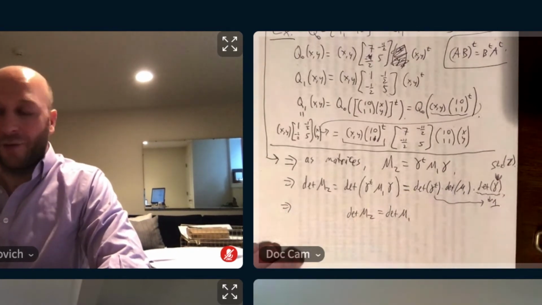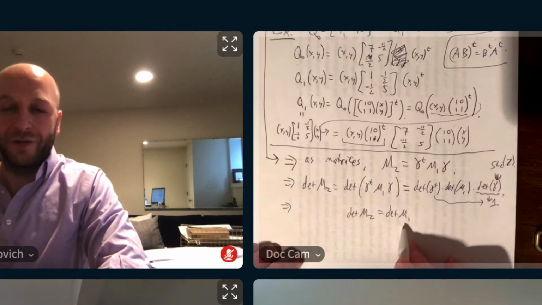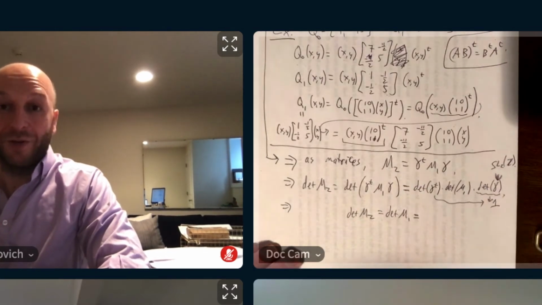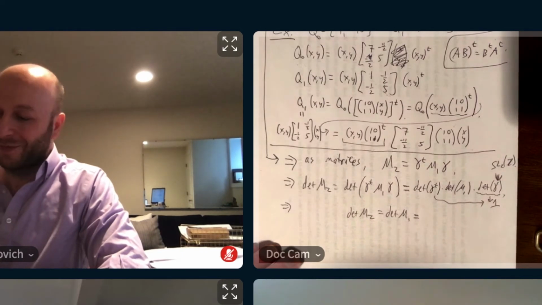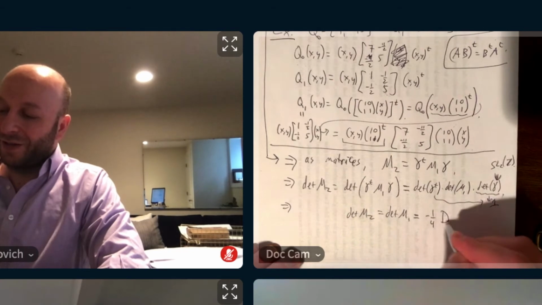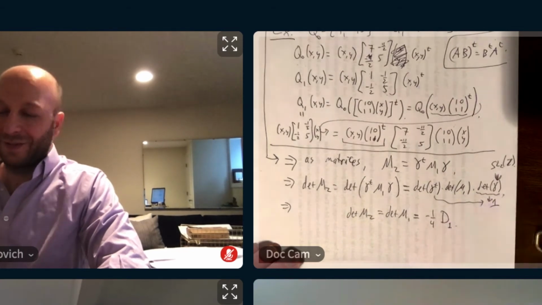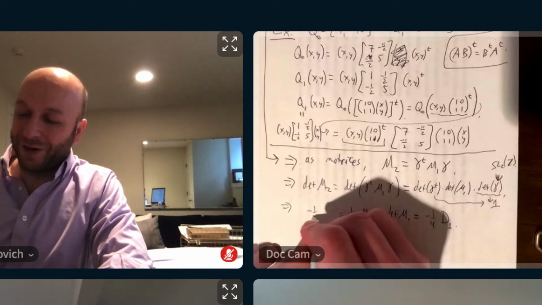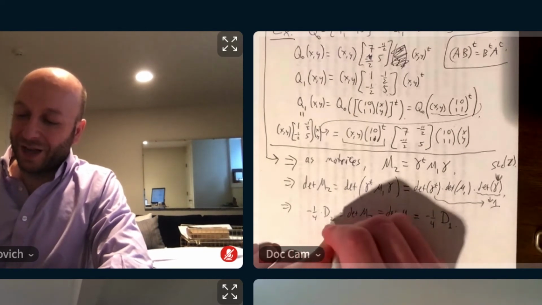But wait a second, what's the determinant of the Gram matrix? How does that compare to the discriminant of the quadratic form? This was negative 1/4 times the discriminant of the first form, and this is negative 1/4 times the discriminant of the second form.